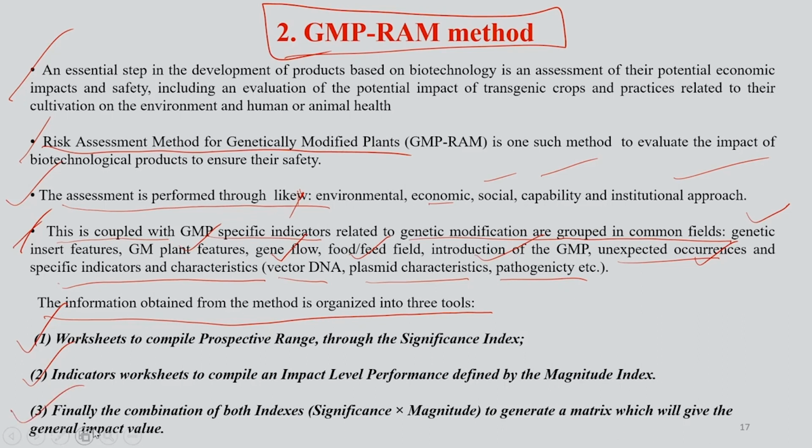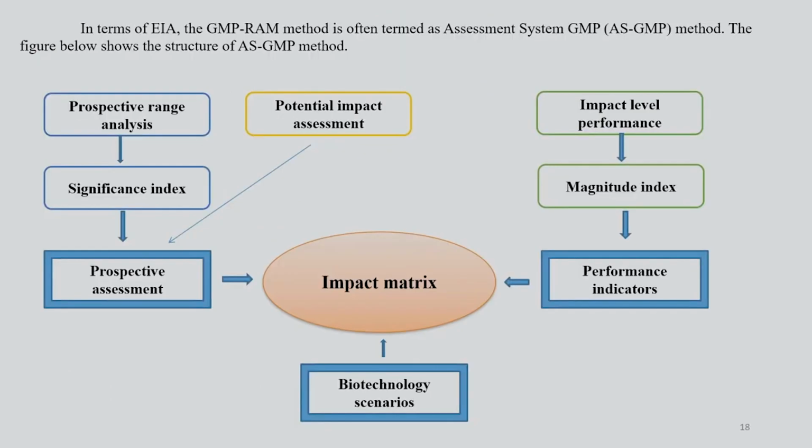Finally, the combination of both indices, significance and magnitude, to generate a matrix which will give us the general impact value. Clear?